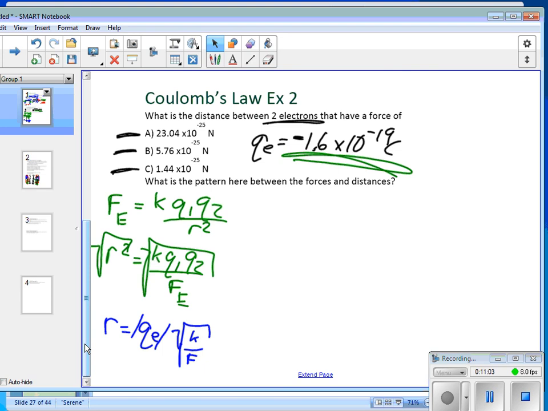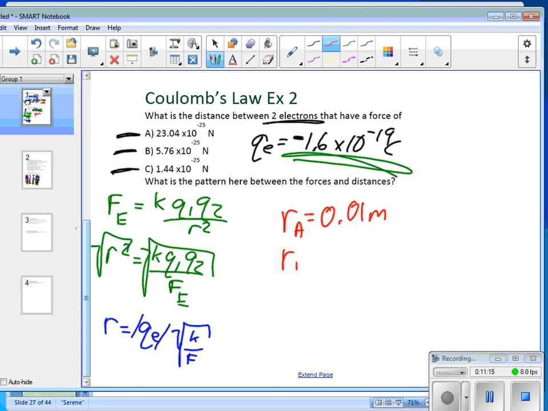Now, you do some quick number crunching, and you end up with RA is equal to 0.01 meters. RB is equal to 0.02 meters. And RC is equal to 0.04 meters. And you say, what does that mean?